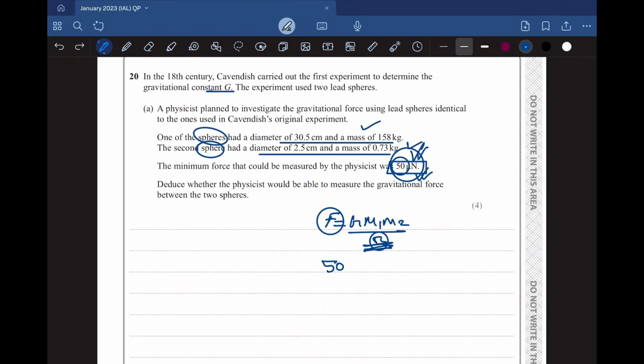So we know this will become 50 into 10 to the power minus 6, my bad, which is equal to G, 6.67 into 10 to the power minus 11, into the two masses.